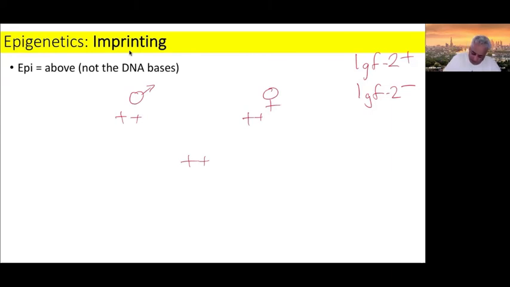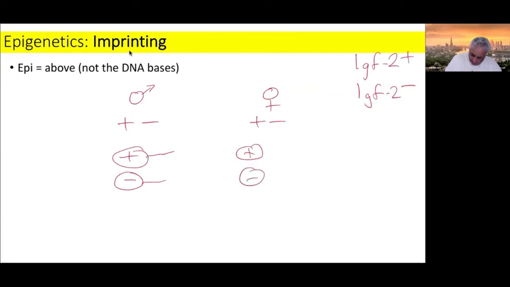So that's obvious. So let's change the settings slightly, and let's change the appearance so we understand this. So we'll keep the same colors. This time, let's make the father heterozygous and the mother too. So his type of sperm will be positive and negative, and her type of eggs will be positive and negative.